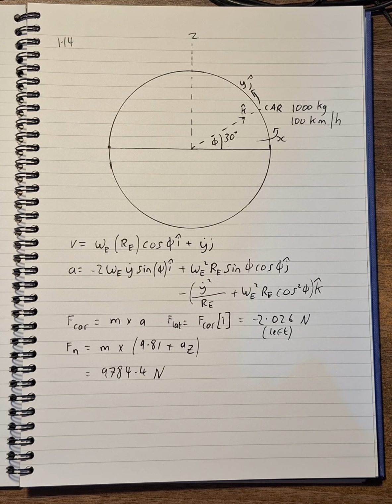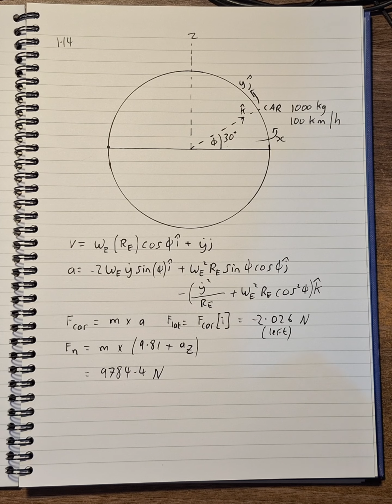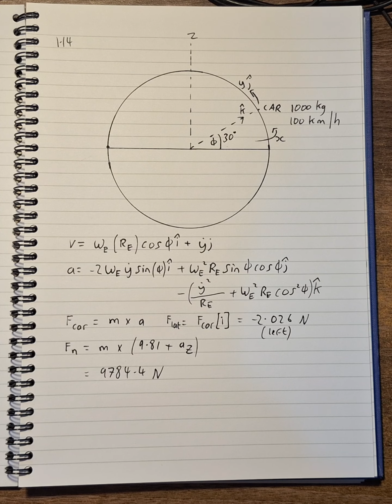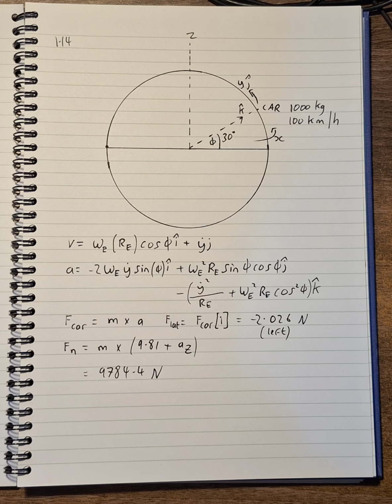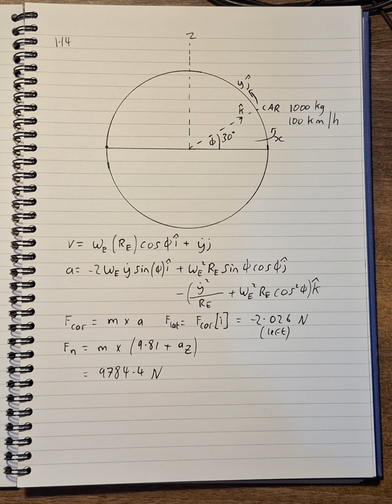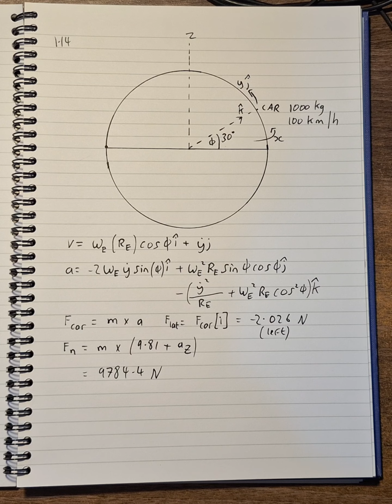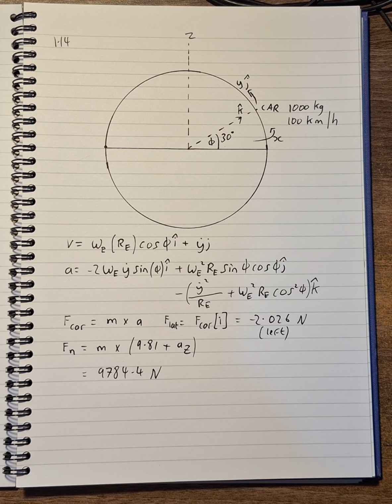Problem 1.14 is still on relative motion and time derivatives of moving vectors, and this question is asking about a car on the surface of the Earth traveling north at a constant speed of 100 kilometers an hour, and it has a mass of 1,000 kilograms, starting off from 30 degrees north latitude.